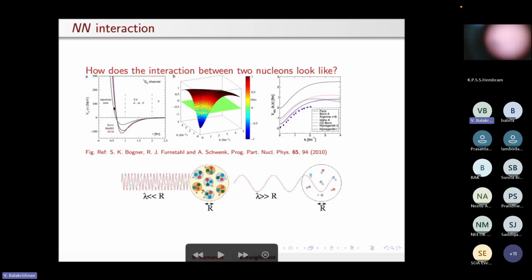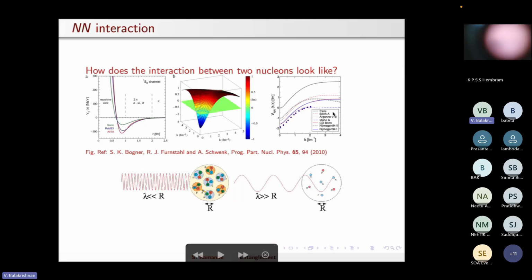But no matter which space you use to solve this eigenvalue problem numerically, the repulsive core is going to be problematic, because in momentum space a repulsive core implies that you are going to have matrix elements for very large values of K, which you see here.